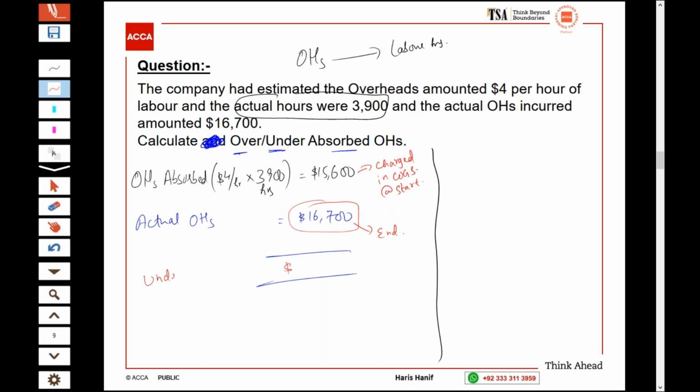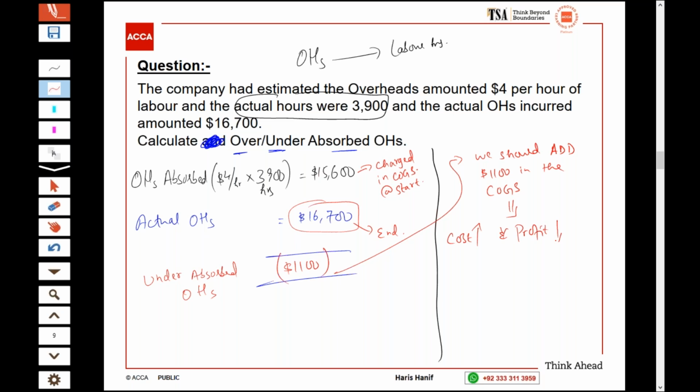So this is known as under absorbed overheads. 15,600 minus 16,700 is 1100 negative, under absorbed. So what should be done with the under absorbed? Because in COGS there is a low balance written at the start of the period, and now we are making the adjustment at the end, we should now add $1100 in the COGS as an adjustment. As a result, my cost would increase and my profit will decrease.